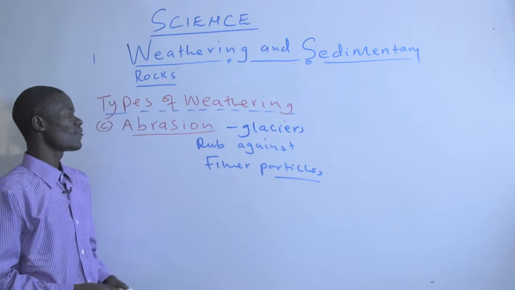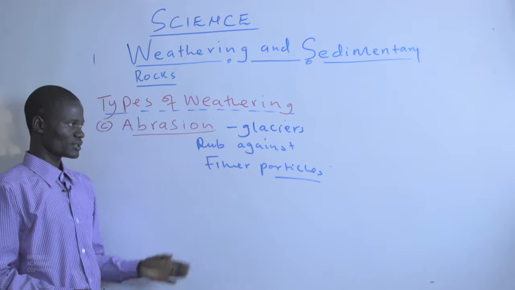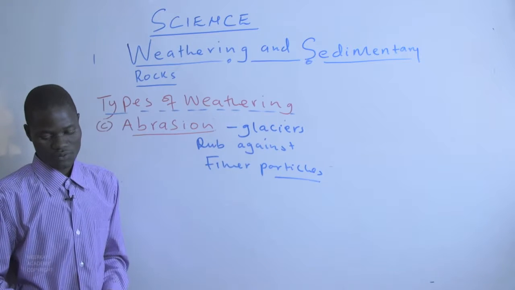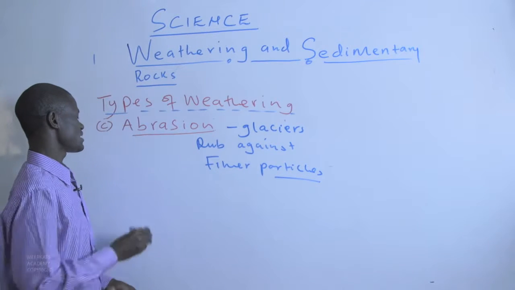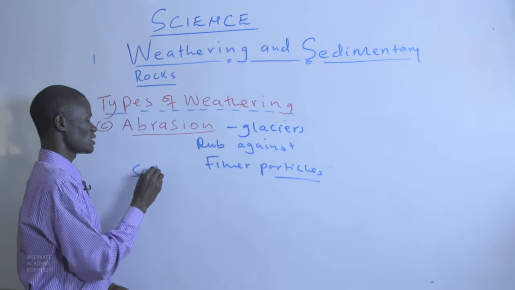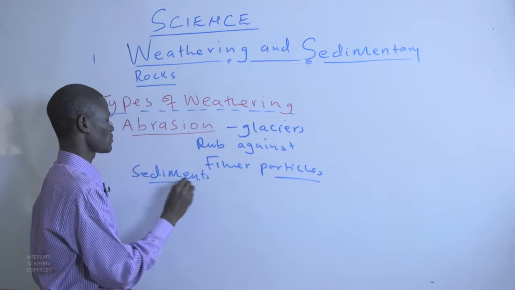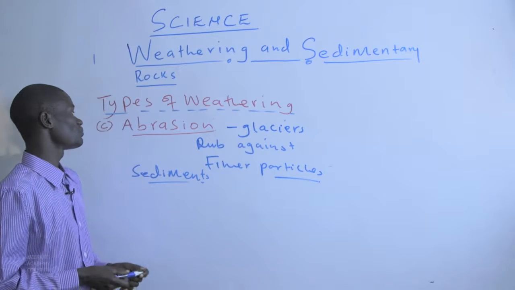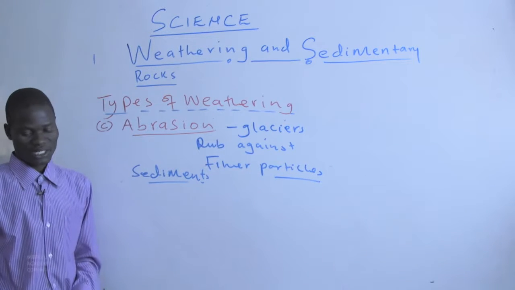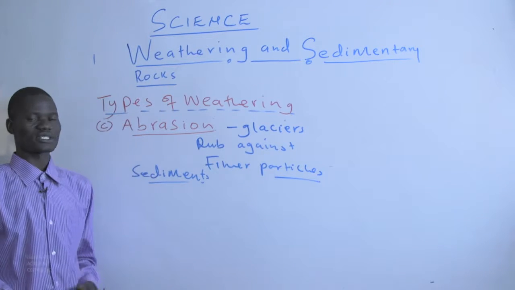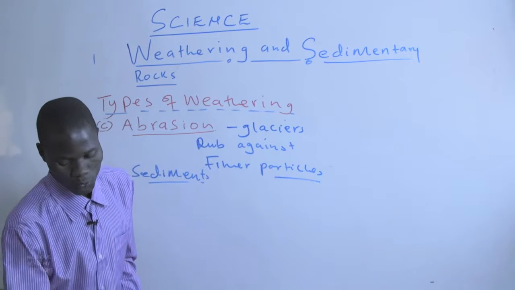Eventually those small finer particles can also be carried down by streams of water, and sediments are deposited in various places. That is much more about abrasion as the third process of physical weathering.